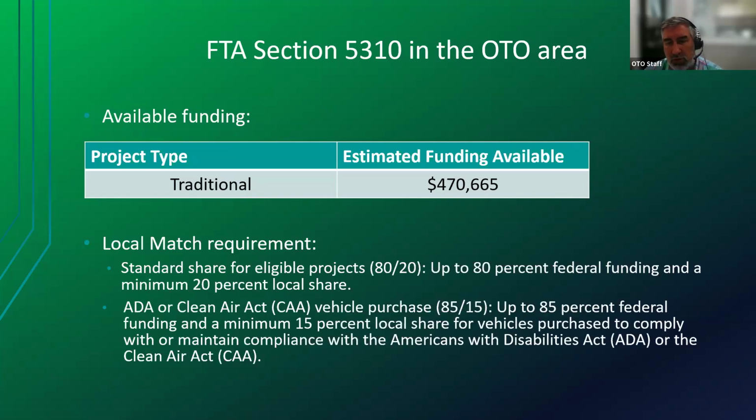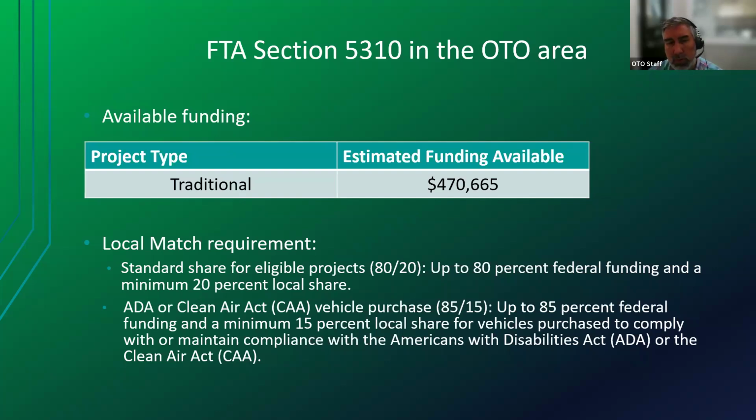Something that has changed with us now being the direct recipient, where it always used to be under MODOT, is the local match requirement. Under MODOT it used to be you have to have 20% local match. So 80% when you apply for a project would be funded by the federal government, and then 20% used to be local.